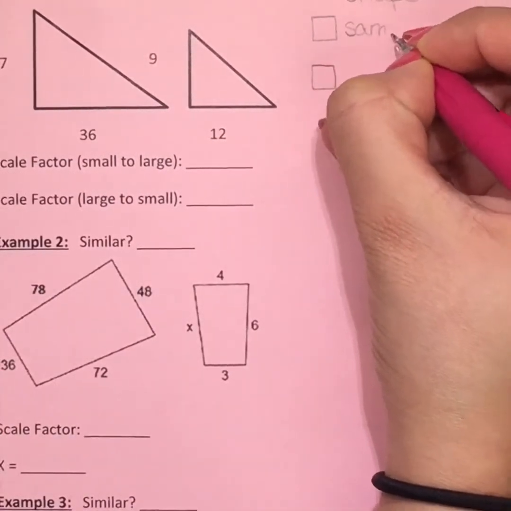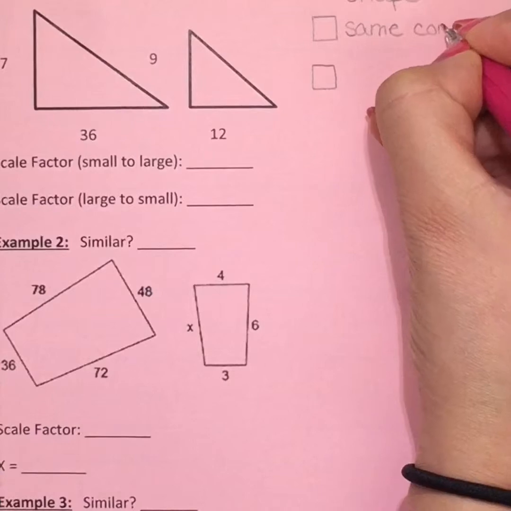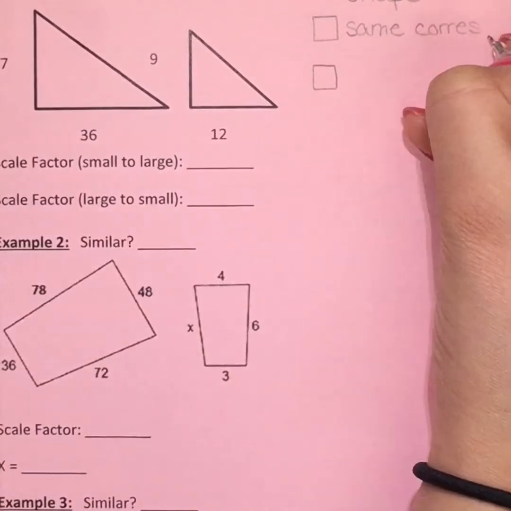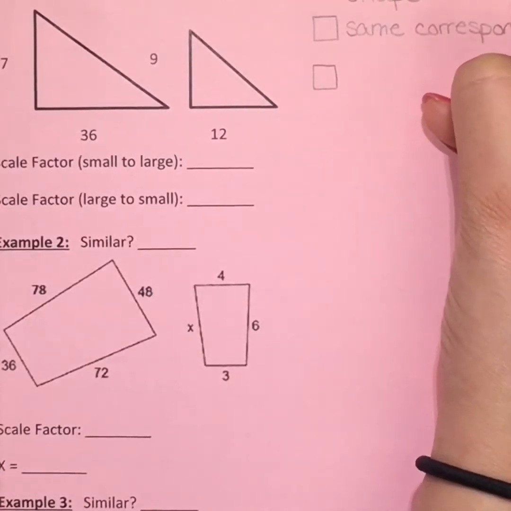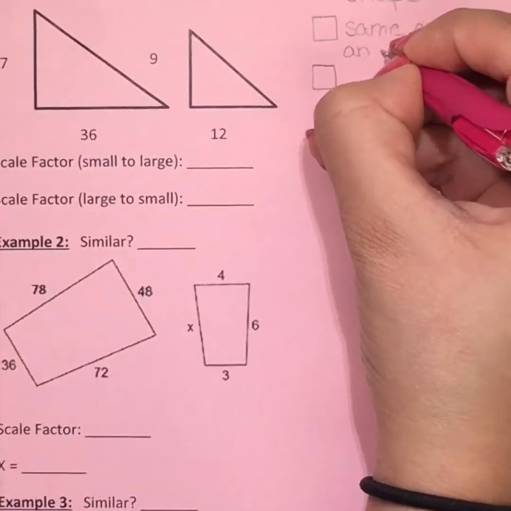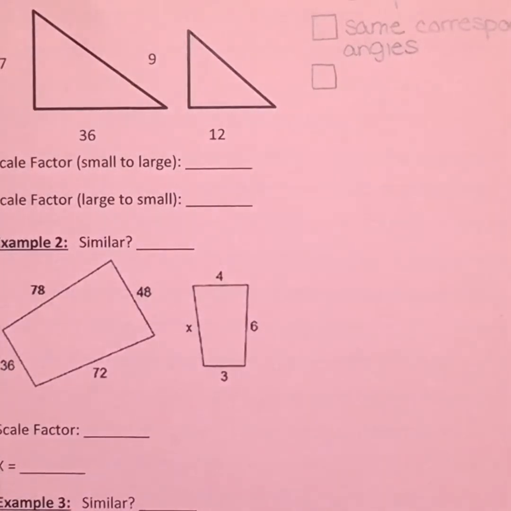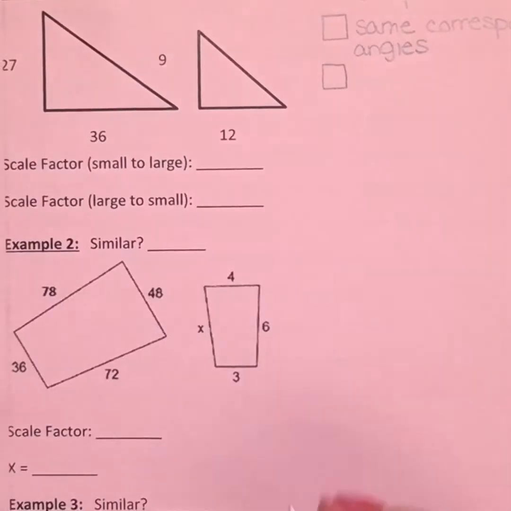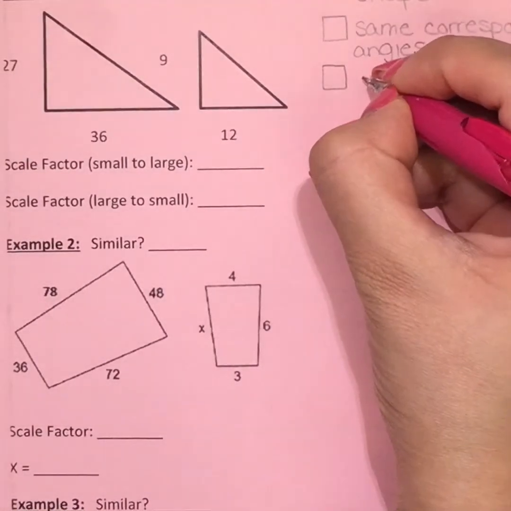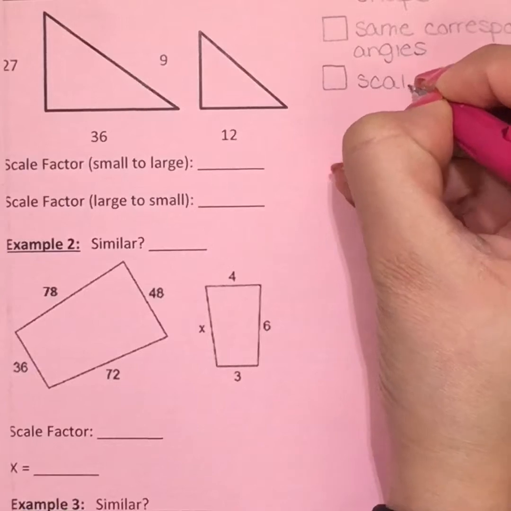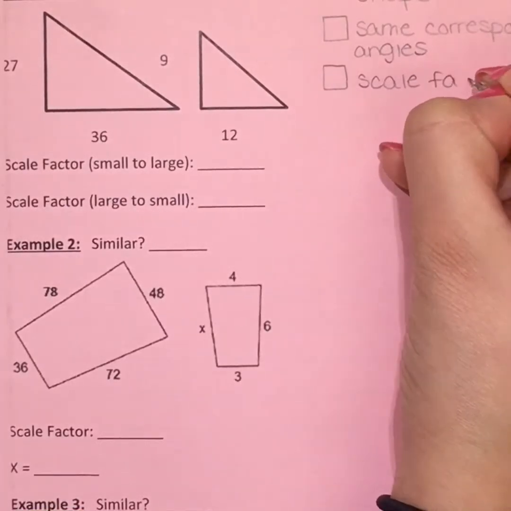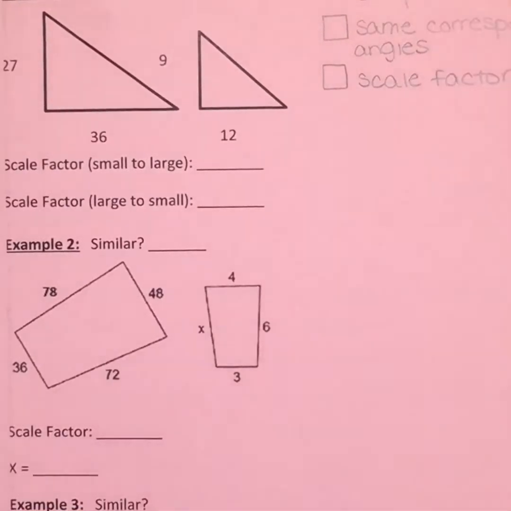Not just any angles, same corresponding angles. And the third thing is that they have to have a scale factor. Okay, so that's our little checklist.